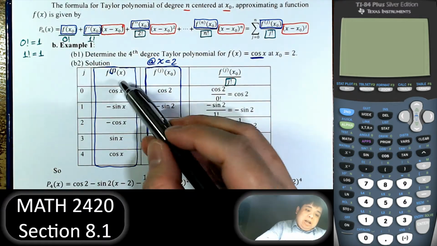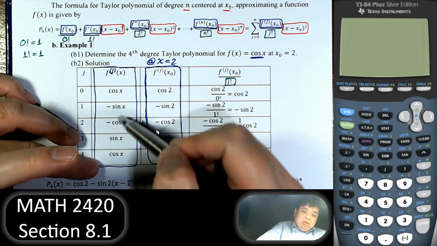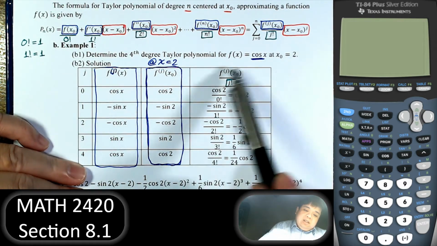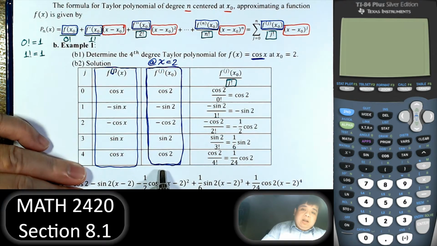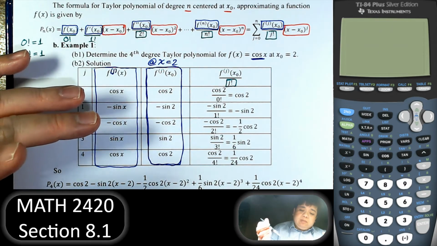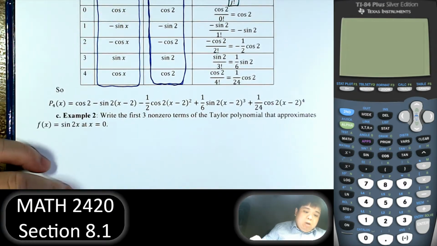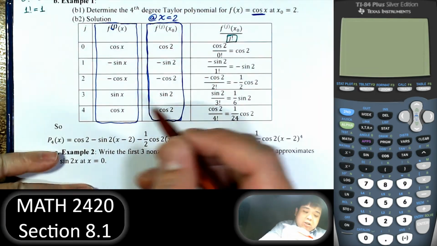So once again, we have the function and derivative. Just keep taking derivatives, and then substitute the center in for x, and then divide by the factorial. Finally we have those coefficients multiplied by the power of x minus 2, sorry, that gives us the power series.